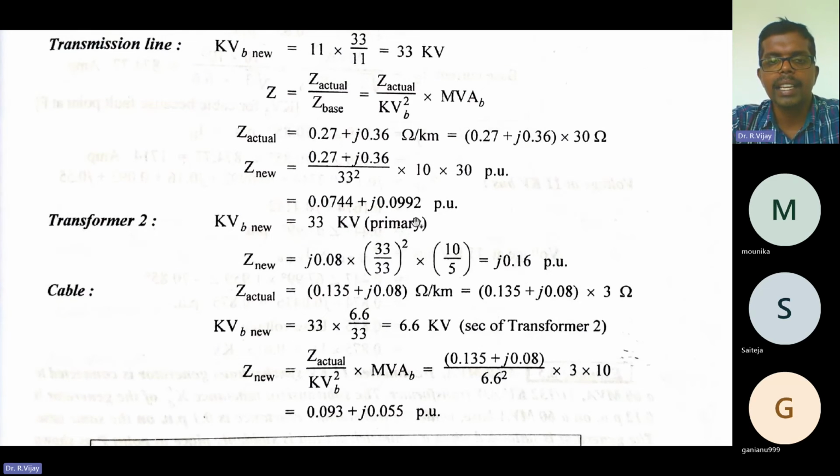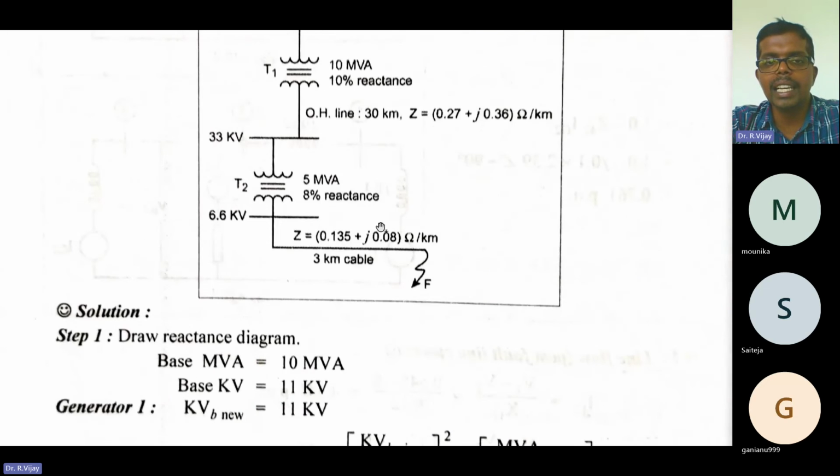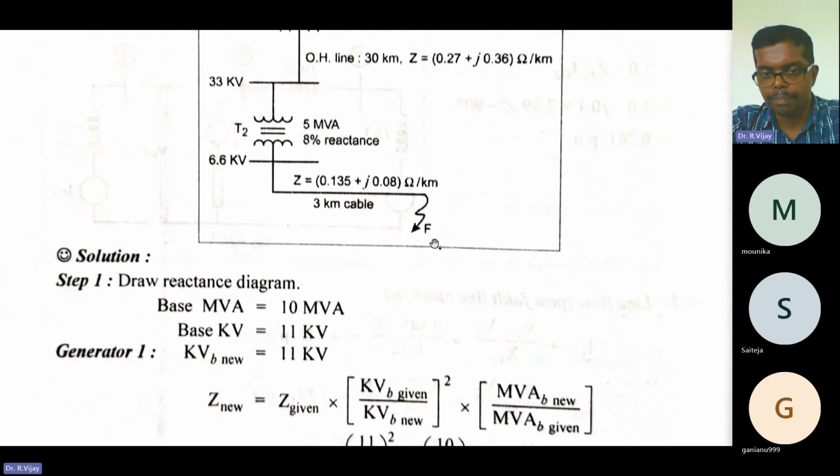Next, you need to see the single line diagram. After the transformer, there is a cable of 3 kilometers, and here also the impedance is given: Z is equal to 0.135 plus j into 0.08 ohm per kilometer.